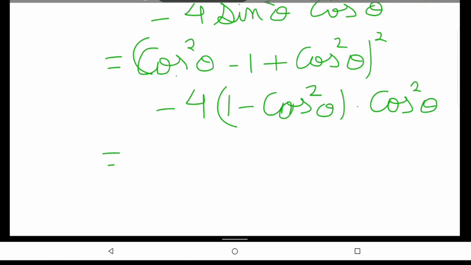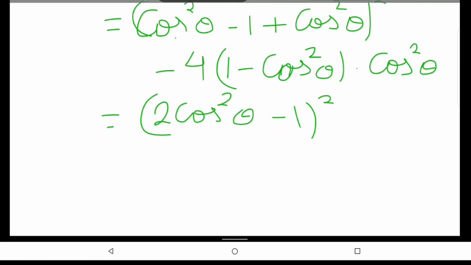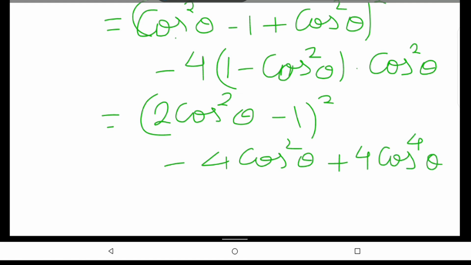That's equal to 2 cos square theta minus 1 whole thing square minus 4 cos square theta plus 4 cos to the power 4 theta.